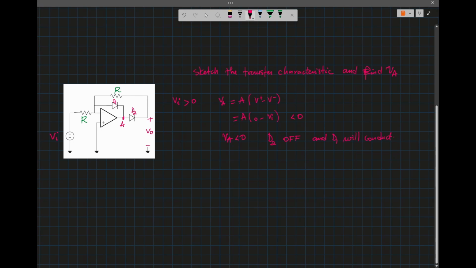So when D2 is off, we have this scenario. Let me sketch that. We have R, the op-amp minus plus, this is grounded, and D2 is open, but D1 is on, so I'll replace it by the voltage.